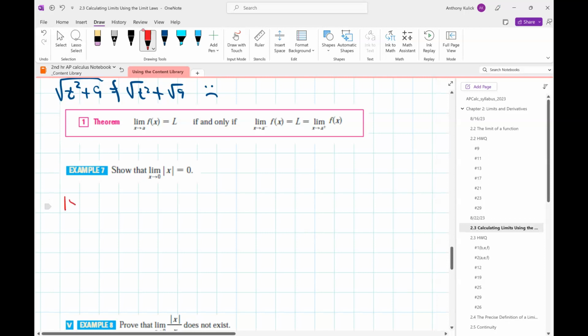Well, we need to think all the way back to our Algebra 1 course. If you remember, the piecewise definition for an absolute value is this: the absolute value of x is just x for non-negative numbers, and it would be negative x if you have a negative number.